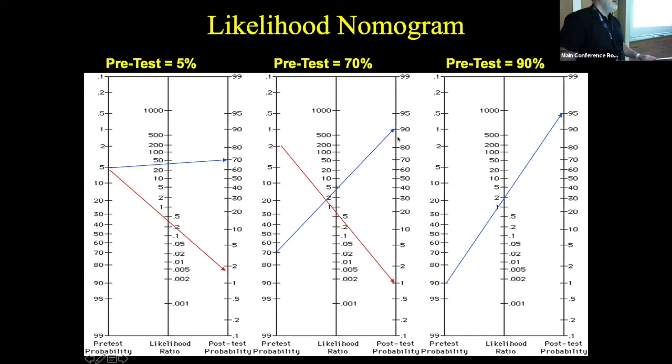Do I need a UA to tell me whether the patient has UTI or not? Probably not, because the likelihood ratio of a negative test for a negative UA is not that great. So at best, it might drop the post-test probability to 98%. You're still within the treatment zone.